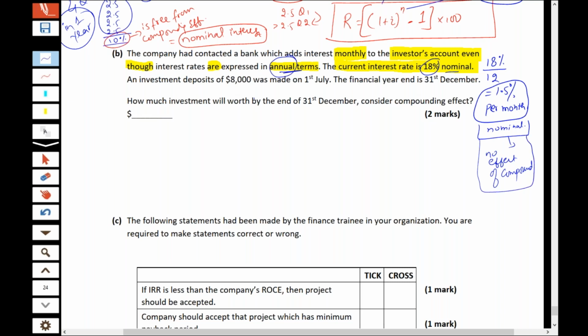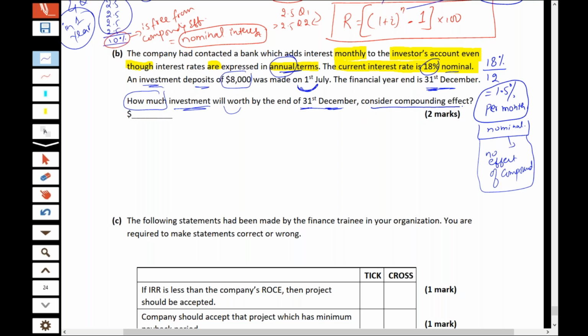Okay. Now, an investment deposit of 8,000 was made in July. The financial year end is 31st December. Now, what is the requirement? How much will the investment be worth by the end of 31st December?